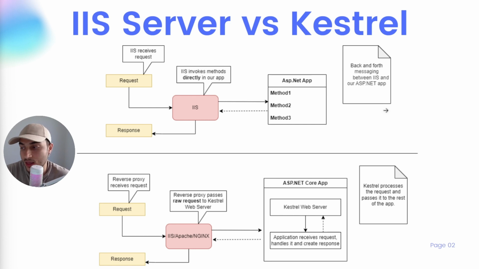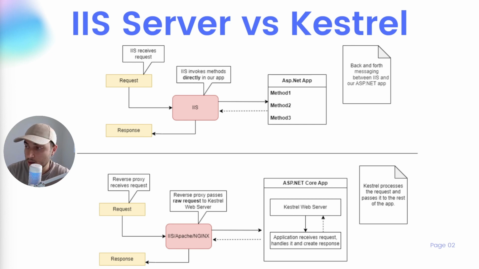But now with the development of the Kestrel, ASP.NET Core applications basically are console applications that self-host a web server and handle the requests directly. Alright, so now with the Kestrel development, we can switch the approach, right?